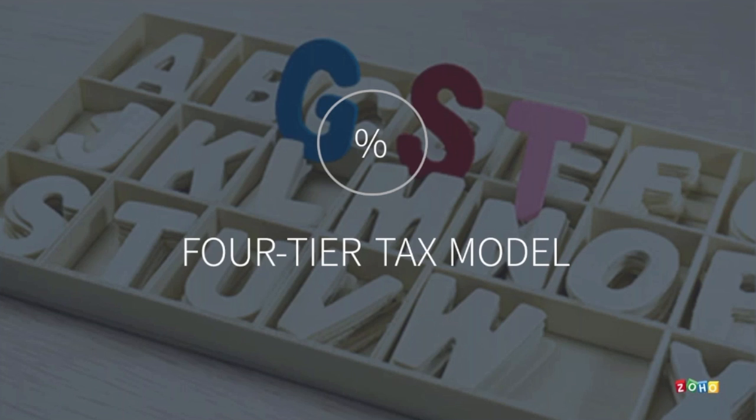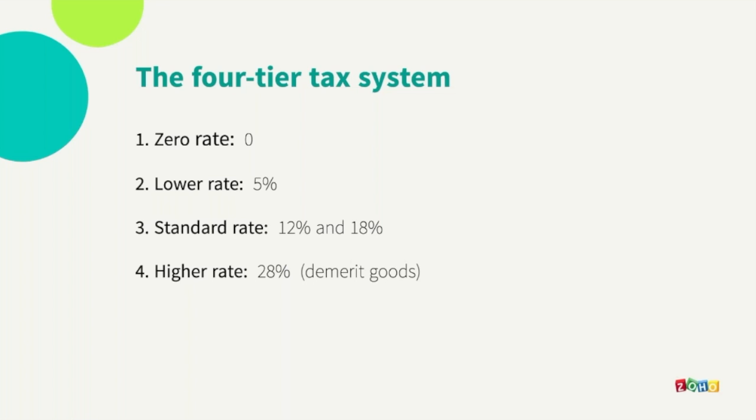So first up, we are going to start by taking a look at the GST's four-tier tax model. In one of our previous webinars, we have covered the structure of the GST in detail, so in this session, I'm just going to go over it briefly. The GST Council has proposed a four-tier tax model that includes four different rates.